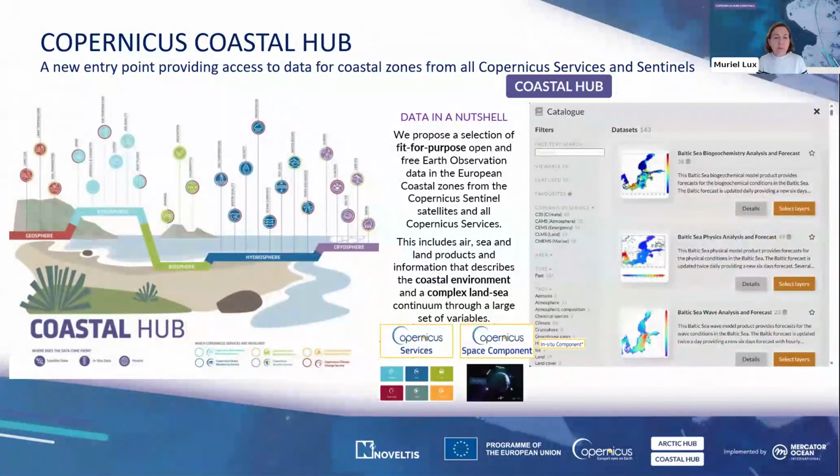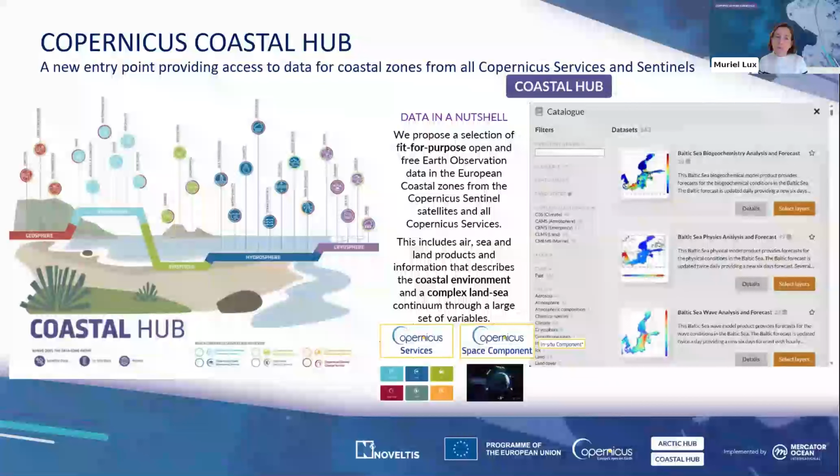So how does it work? We interact with the different Copernicus services to select fit-for-purpose data for the coastal zone. Each of the Copernicus services includes many products, and here the idea is to provide a selection of these products. So we do not create a new database. We are directly plugged to the different Copernicus services.